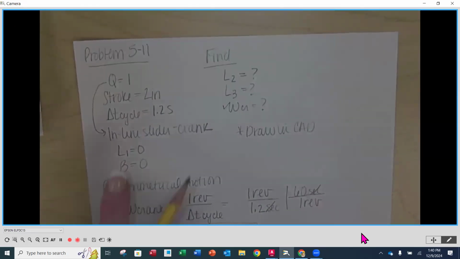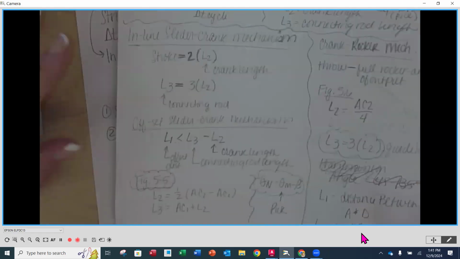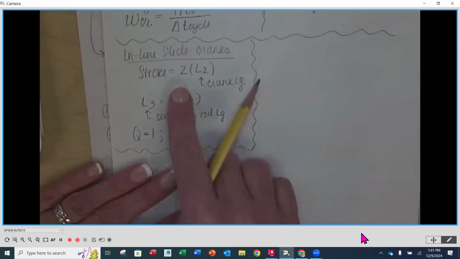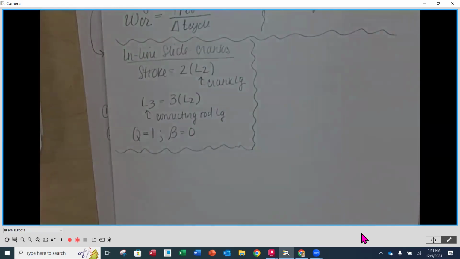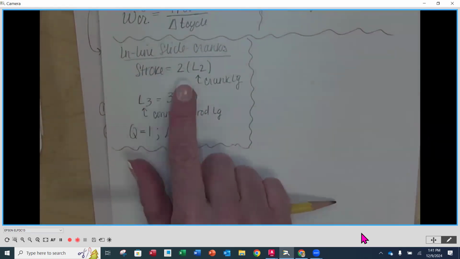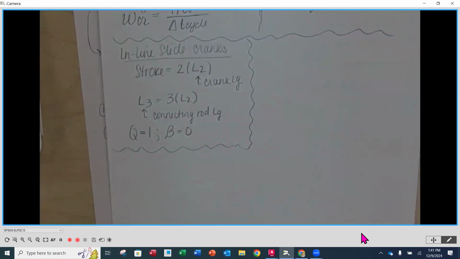Now we're given our stroke of 2 inches. So if you remember from our inline slider crank mechanism, I want to use the one that I have already filled out, we know that the stroke is going to be equal to 2 times the L, or our L2 is going to be half of our stroke.